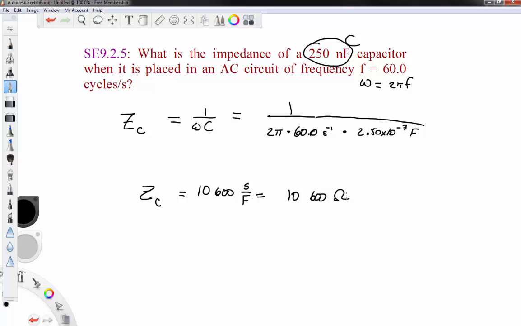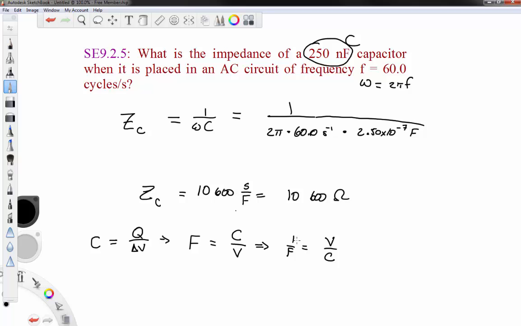Ohms would be the correct unit of impedance regardless, but you can check this by recalling that farads is the unit that goes with capacitance, and capacitance is the charge stored per unit voltage. So farads are equivalent to coulombs per volt. And therefore 1 over farad is equal to volts per coulomb.